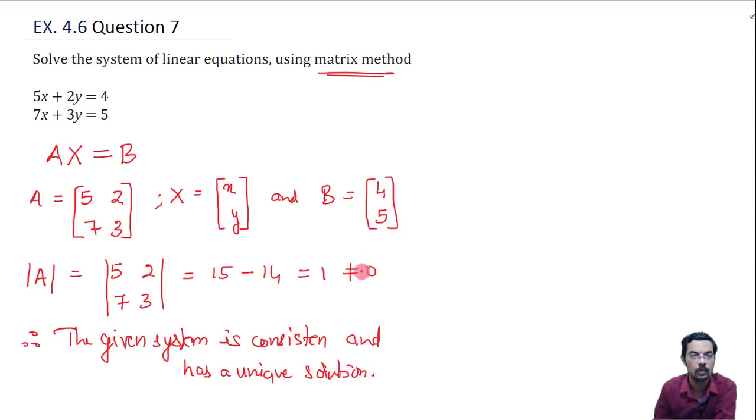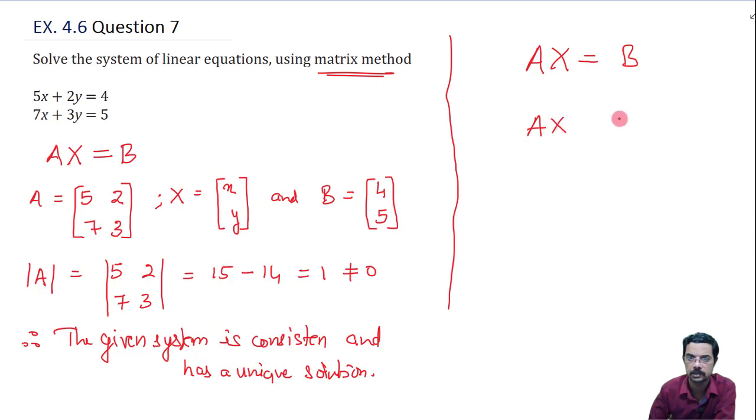Now how to solve this using the matrix method? We know that it is AX equal to B. Now if I multiply A inverse on both sides, A inverse into A will become I, and hence X will be equal to A inverse into B. That's it.